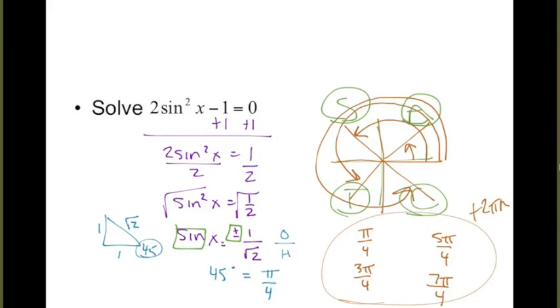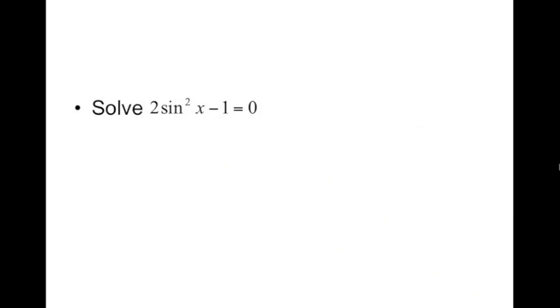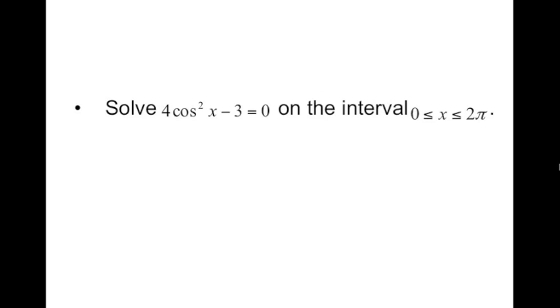That's where sine will give us positive answers for opposite over hypotenuse, the way we would draw triangles there. But our equation also says that sine could be a negative, and that will happen in the other 2 quadrants. So when we have that plus or minus, we're going to end up having all 4 quadrants. Is that the only time? That's the only way we're going to end up getting all 4 quadrants, when we get a plus or minus.